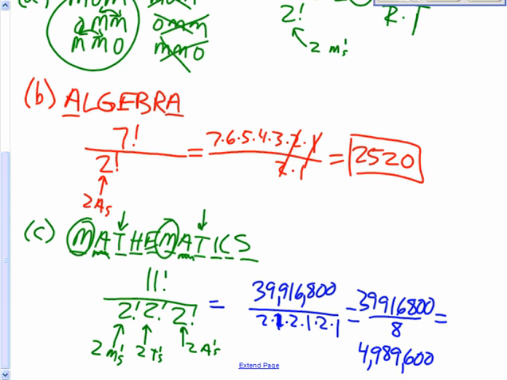So 4,989,600 distinguishable ways that you can order the letters in mathematics.